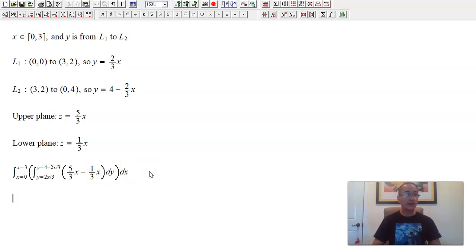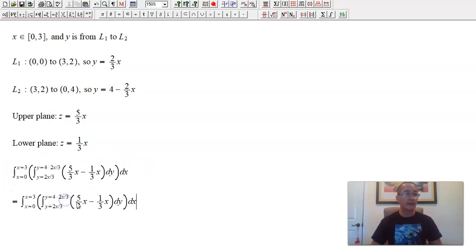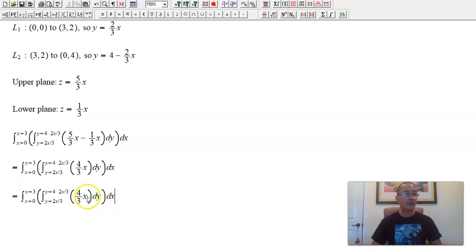Okay, so simplify. We get 5/3 minus 1/3 is 4/3. Integrate. So this becomes 4/3 x, y.